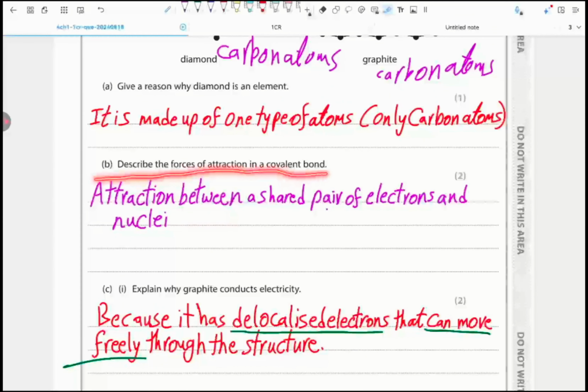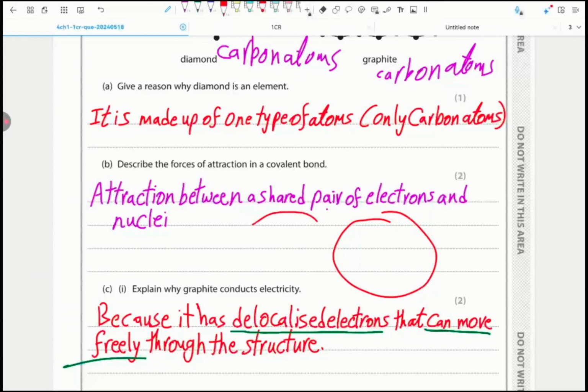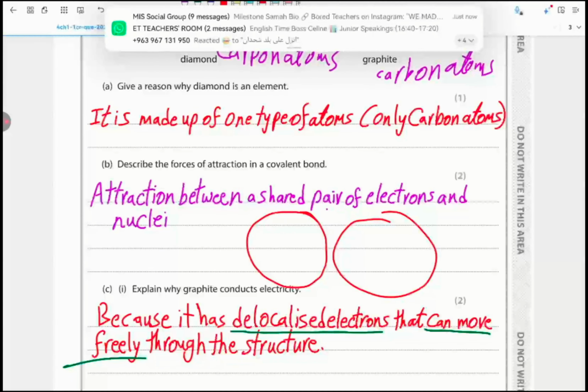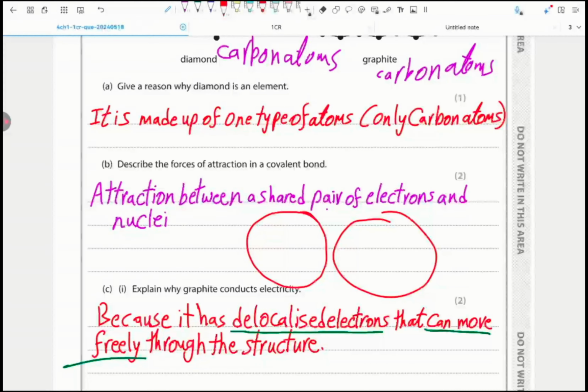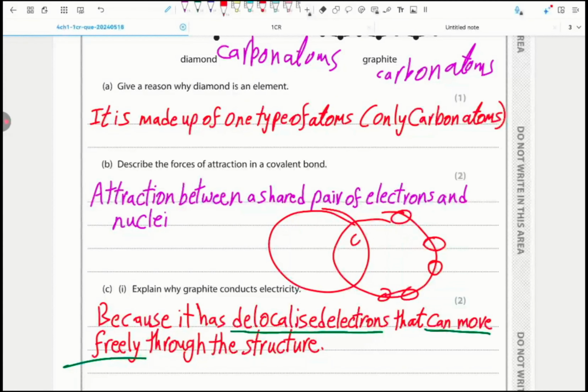Describe the forces of attraction in covalent bond. First of all, my friends, we have to understand what we mean by covalent bonds. Generally, covalent bonds are made when 2 atoms decide to share their electrons with one another. For example, as you see here, this atom has electrons here, and it puts 1 of them here.